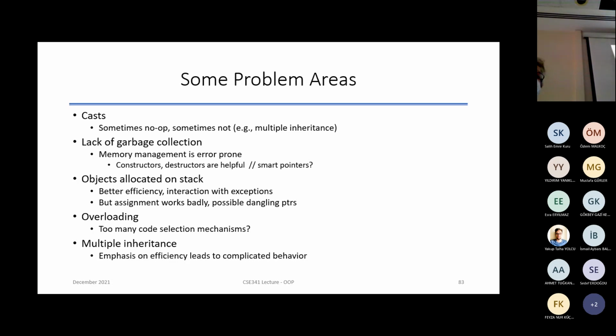Objects allocated on stack, again, better efficiency. This is used for better efficiency. And interaction with exceptions, this allows, but assignment works badly, especially potentially having a dangling pointer, right?